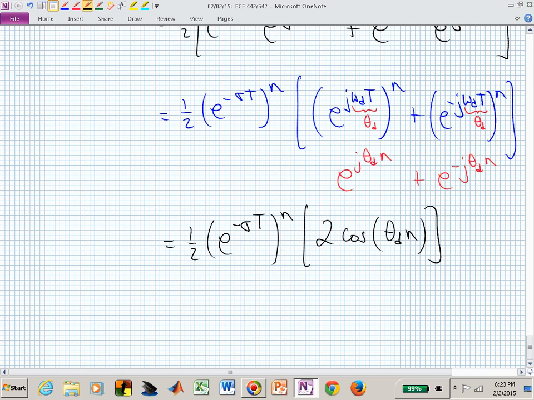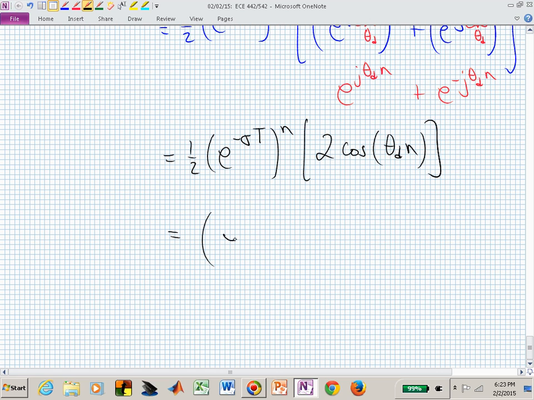And those 2's and divided by 2's clean up nicely, so that we now have an expression for an exponentially damped cosine waveform for a discrete time system. We have e to the minus sigma T to the n cosine, and if we wanted to, we could replace theta sub d with omega sub d T to get us back into the sigma and omega sub d that we started with.